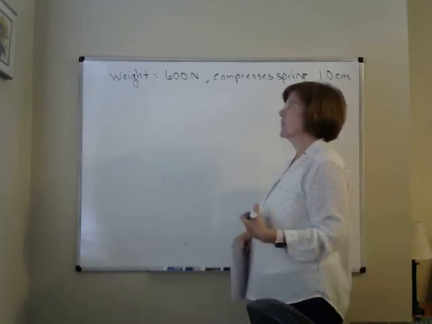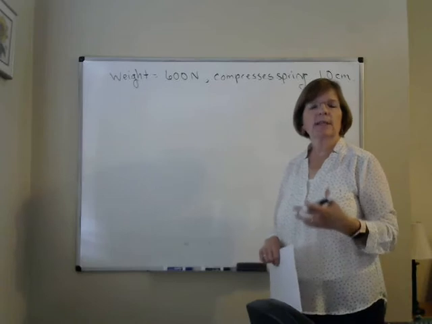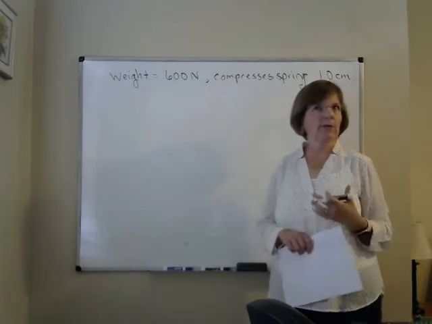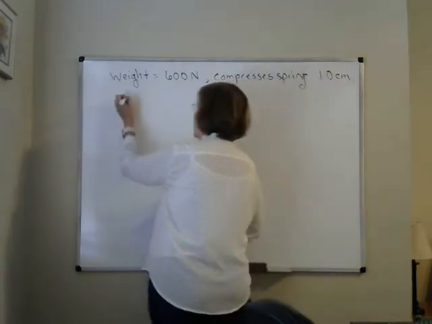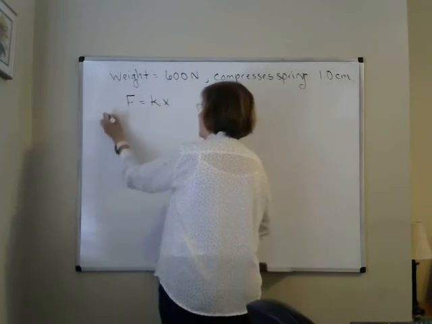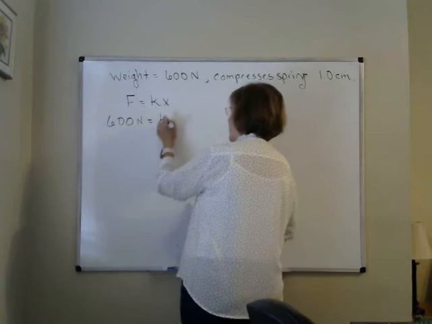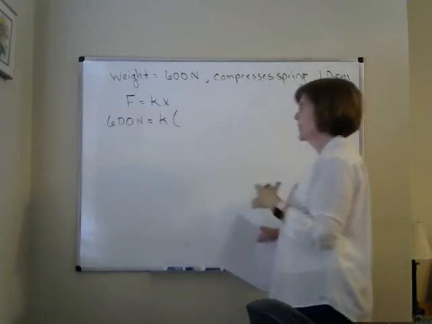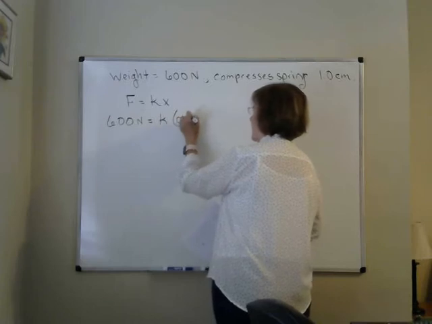Well, first of all, we're going to need to figure out what k is, because work is going to be 1/2 kx squared. I don't have k. So if I start with Hooke's law, I know that F equals kx, so the force supplied was 600 newtons. The displacement, she compressed it 1 centimeter, but I have to write that in meters.